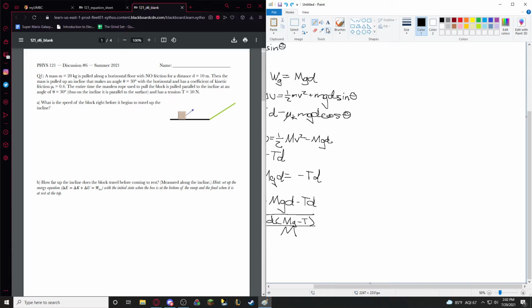Which is equal to what? That would be 1/2 mv squared. Exactly. So we have half mv squared, and that's the total change in energy. How else can we write the total change in energy?